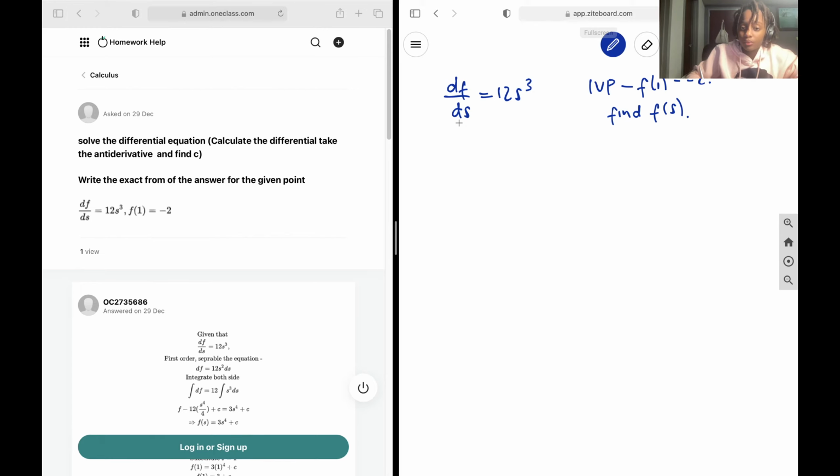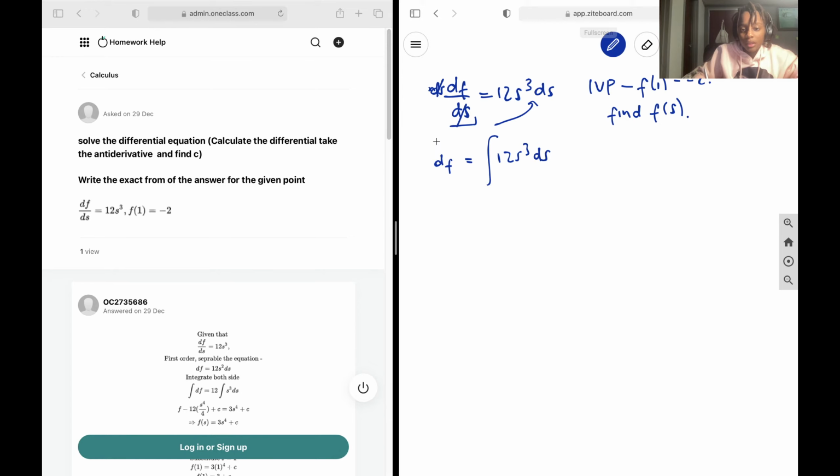So first we're going to move this ds over here by multiplying both sides by ds. So these cancel, and we get df is equal to 12s cubed ds.